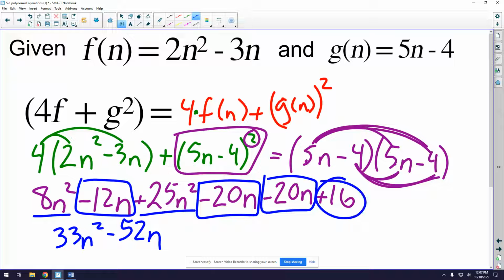And I have a plus 16 with no like terms. So super important, just remember that when you are squaring your function, you have that function twice and you need to do your FOIL. It's not 5n squared and then 4 squared. That's not how that works.